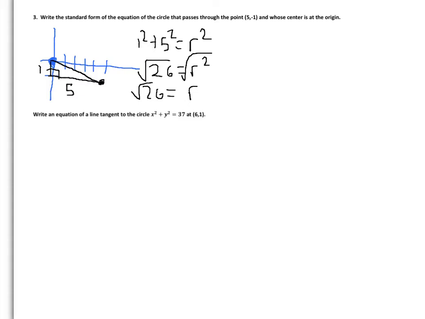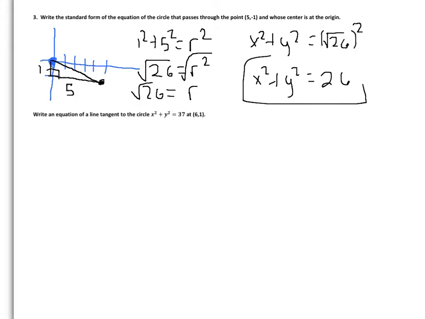So since it's centered at 0, 0, it's just x squared plus y squared equals, well, square root of 26 squared. So x squared plus y squared equals 26. Okay?